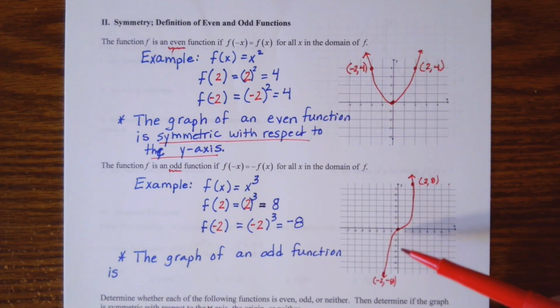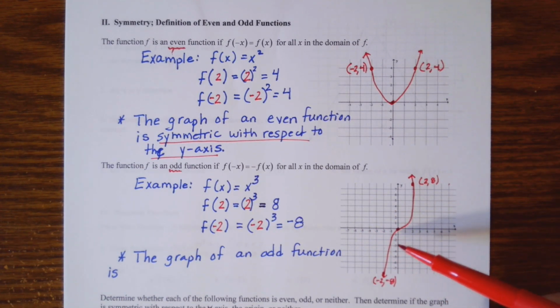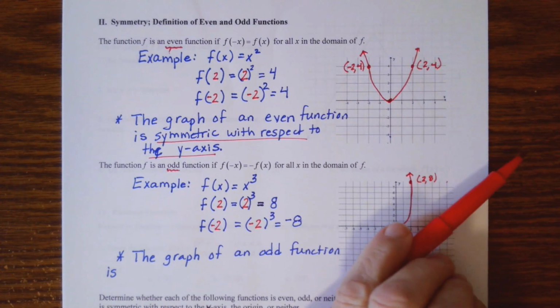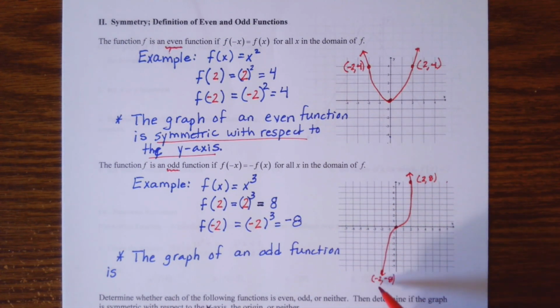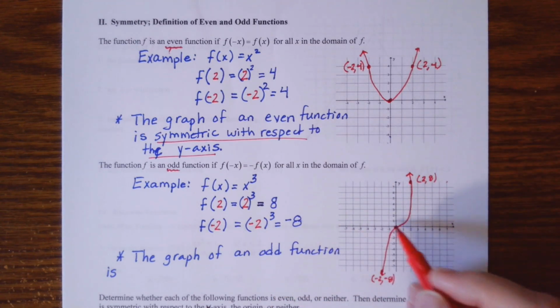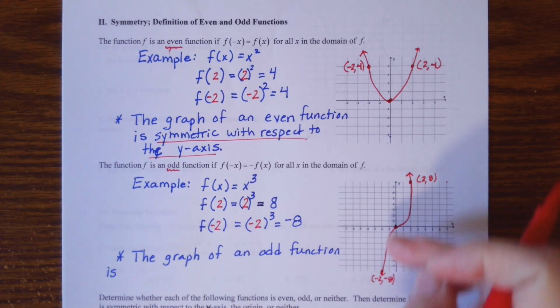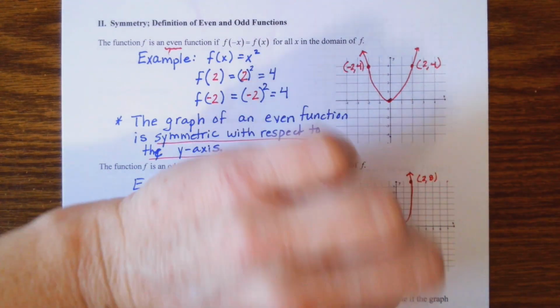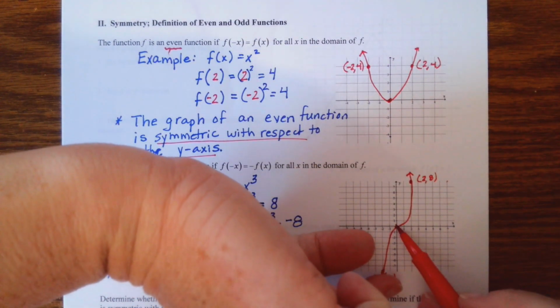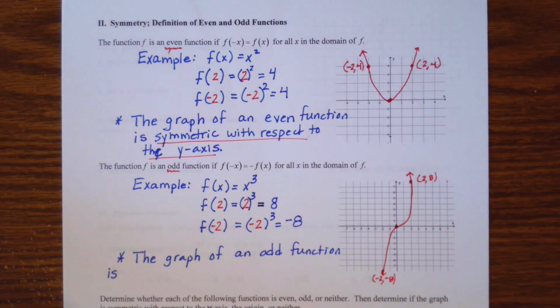I'm not getting a mirrored effect with my x value, but what I am getting is if I was to do one across the origin, so if I looked here and then I mirrored it, it would come down here over the origin. I have a mirrored effect or symmetry.